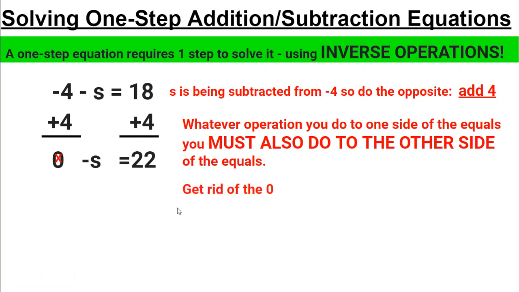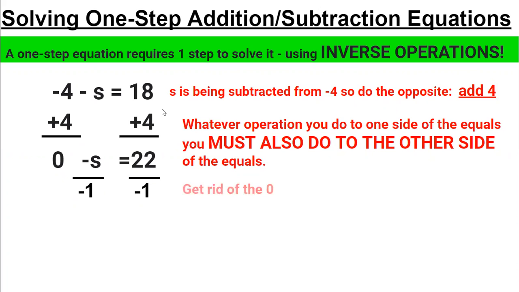Now we have to get rid of the 0. Now notice how we have a negative S. Okay, so we had to do one more step, so I had to fix that. So we have to divide by a negative 1 because we have a negative S here. So we divide both sides by the negative 1 because we have to do the same thing.